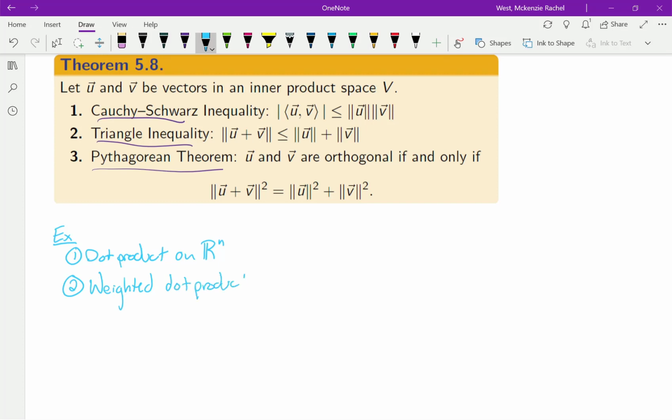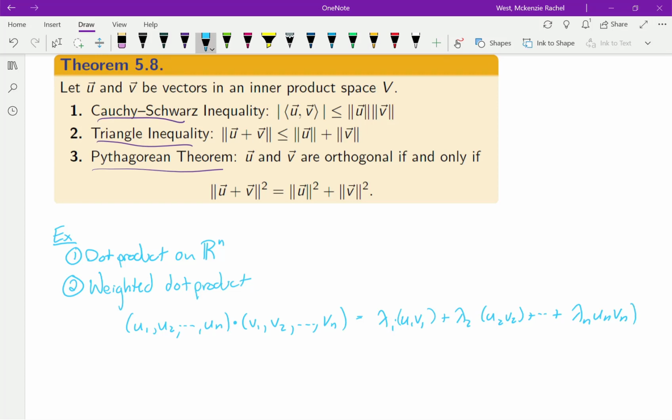So we do (u1, u2, through un) dotted with the v version (v1, v2, through vn), would be some, let's just put various coefficients in front of each one of the products: lambda 1 u1 v1, lambda 2 u2 v2, etc., lambda n un vn.